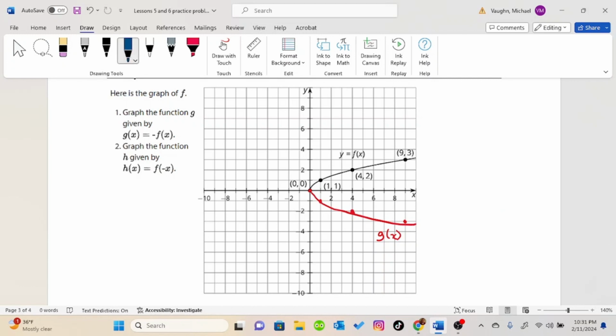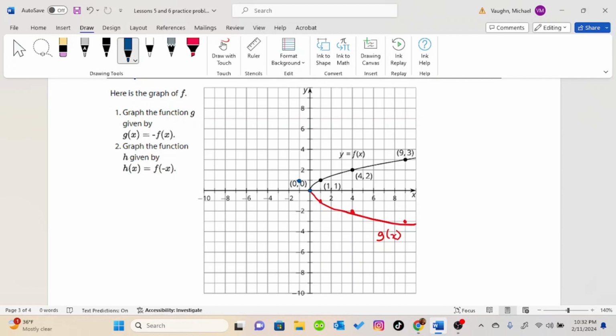Next, they want us to graph the function h given by h of x equals f of negative x. So now it's the x that's going to become negative. So again, we're at the origin. This positive 1 becomes negative 1.